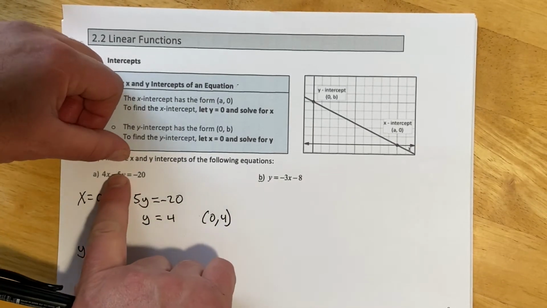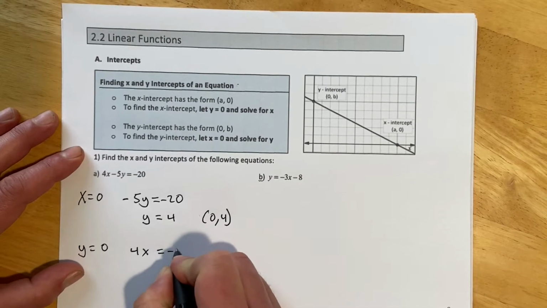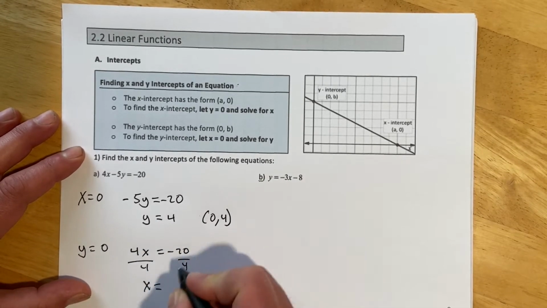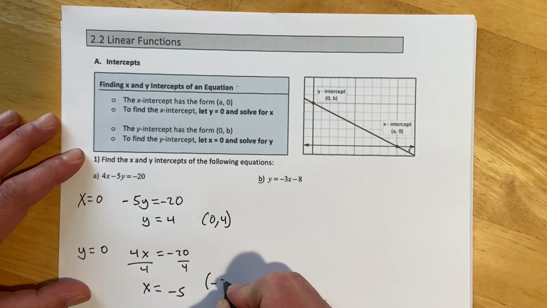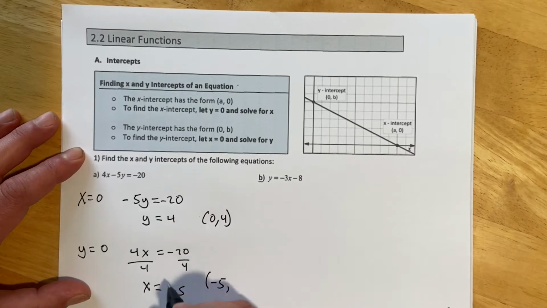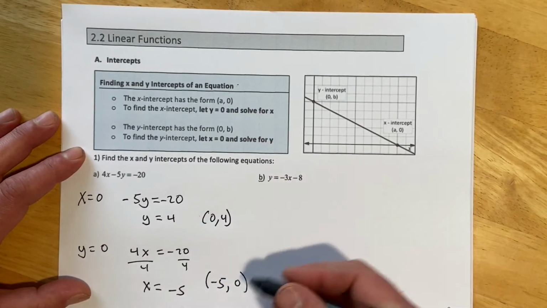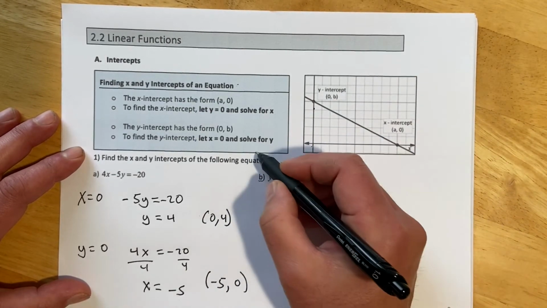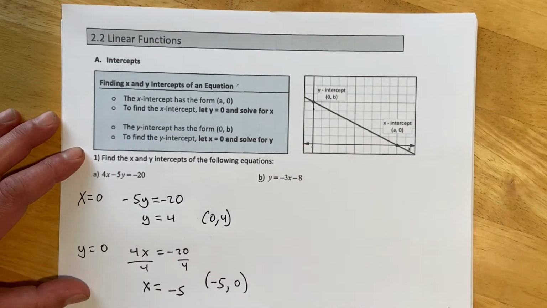So when y is 0, this piece drops out, and I'm left with 4x equals negative 20. Dividing by 4, we get x equals negative 5. And so as an ordered pair, when x is negative 5, y would be 0. And then once I have those 2 points, x is 0, y is 4 would be here, negative 5, 0, so I'm back here. Then that's graphing using the intercepts, and I've got the graph of my line.